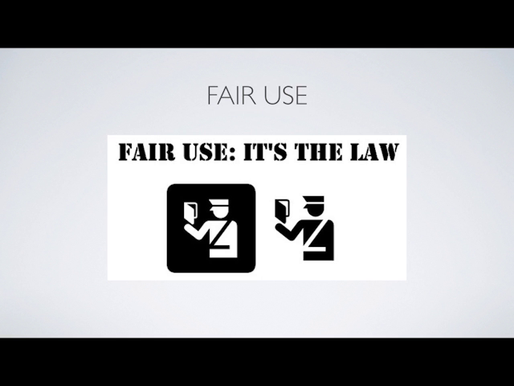Professor Weiss is teaching a business law class on torts at a university, and without getting any permission from the authors or publishers, he has copied chapters out of the business law textbook and given them to the students.